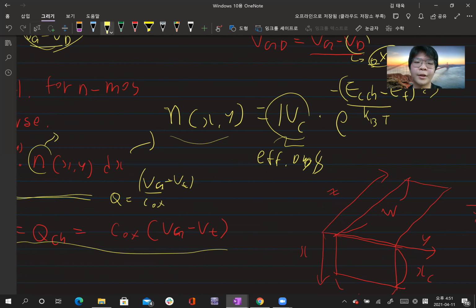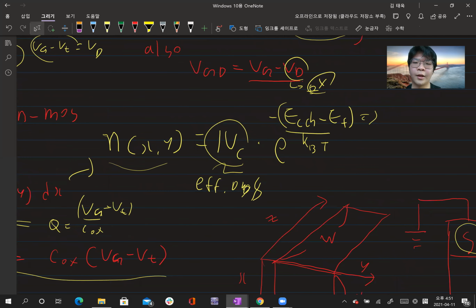Here, the electron density will be defined by the effective density of states in the conduction band, the conduction band at the channel surface, and the Fermi level difference.